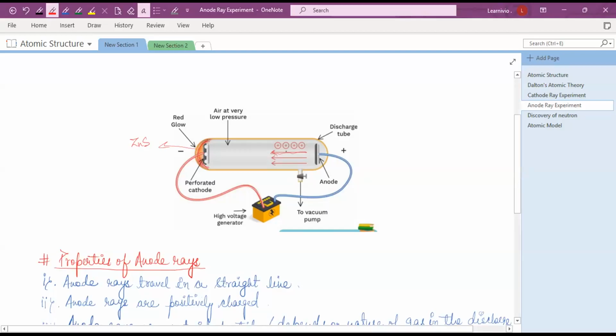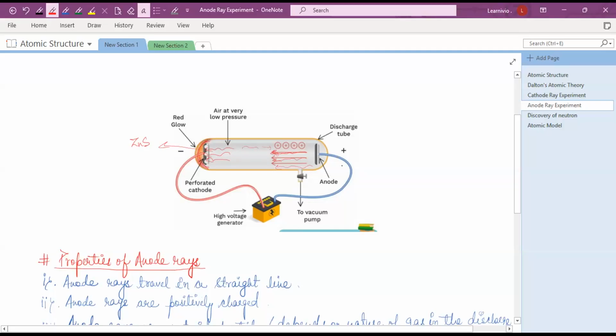So he observed a new type of luminous rays coming from here, passing through the holes of perforations, moving in the direction opposite to the cathode ray. In the cathode ray case, particles moved from the cathode towards the anode. But here, in the case of this anode ray experiment, the rays are coming from the anode towards the cathode.